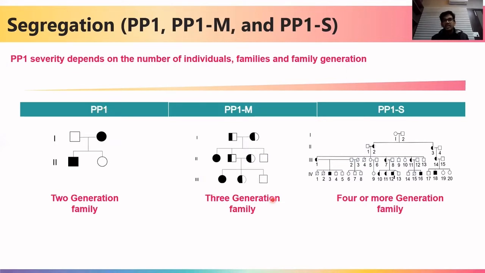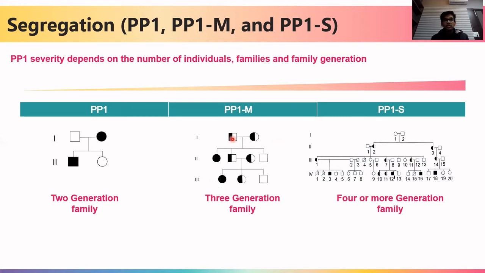But if there's a three-generation family, where from the mother and father the child has the mutation in a homozygous form and also manifests the phenotype, and similarly the parents are heterozygous and in the third generation there is also a homozygous mutation manifesting the phenotype, then this is a three-generation family and the variant is segregating with the disorder.